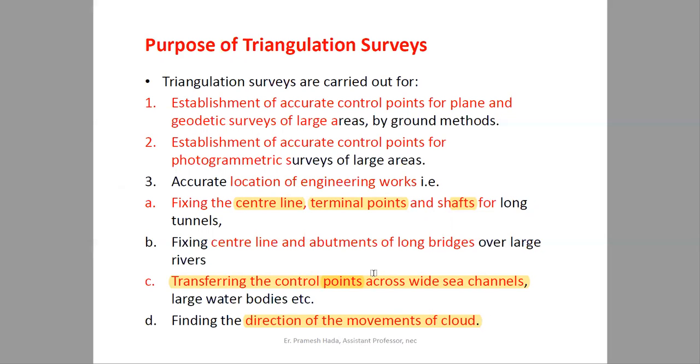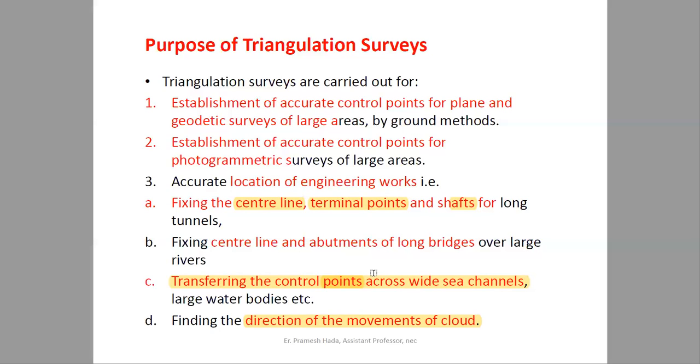Now you understand why we use triangulation survey. We'll stop here and discuss further in our coming lectures. Till now, what we have studied is the basics of trilateration, then the concept of azimuths, and then triangulation.